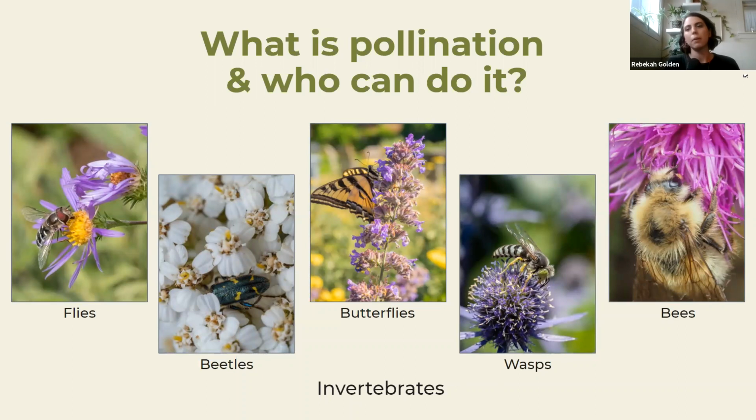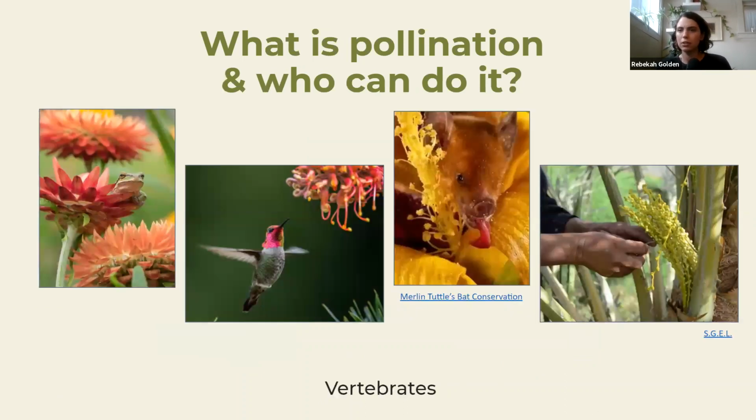And of those, most pollinators are insects that are deliberately visiting flowers to gather some sort of resources for themselves. And those might be flies or beetles or butterflies, wasps, or bees. And other animals provide this service as well. Sometimes it is a little bit less deliberate.